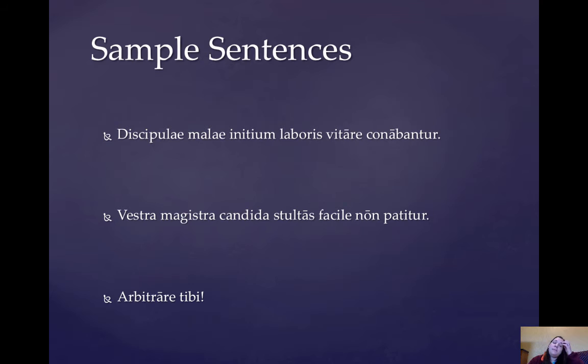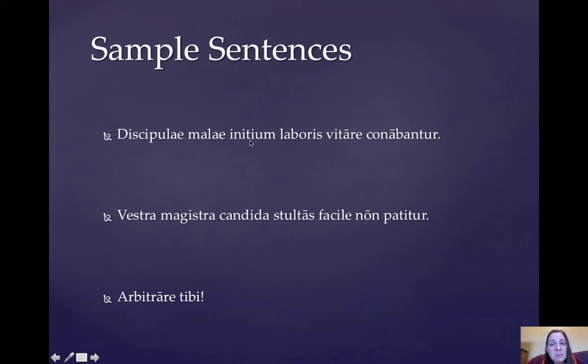Okay, so I have some sample sentences here so you can see how to translate the deponent verb. Discipulī malī initium labōris vītāre cōnābantur. So bad students were trying, vītāre, to avoid, I know you guys don't know this verb, but to avoid the beginning of work.